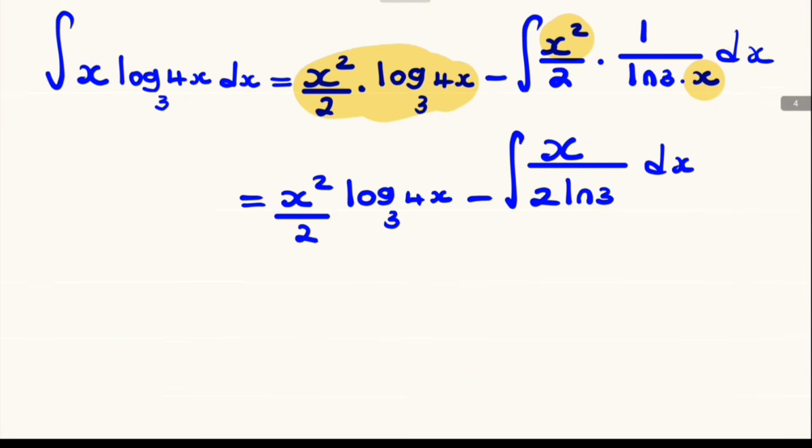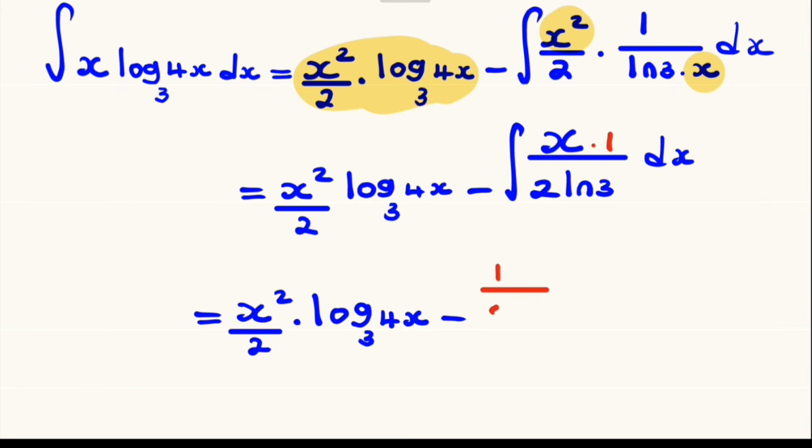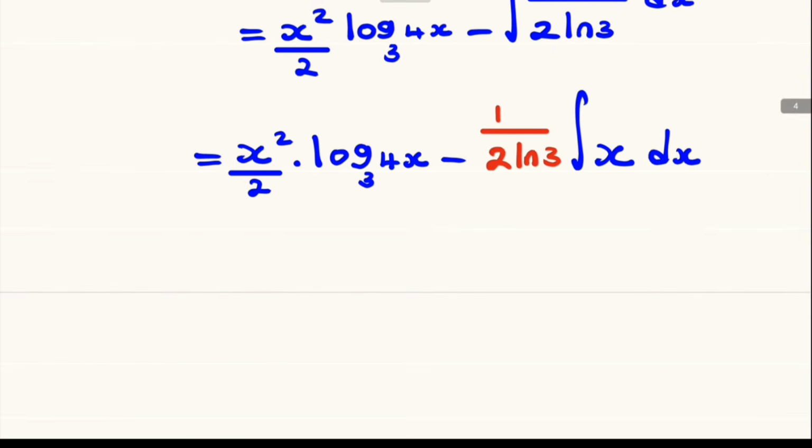We can factor out the 1 divided by 2 ln 3. So we have 1 divided by 2 ln 3 multiplied by the integral of x dx.